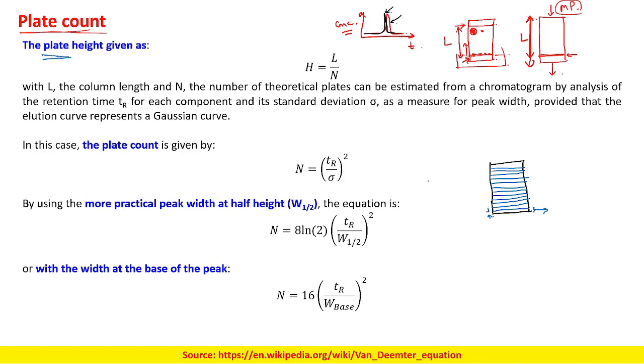The plate height is given by H equals L by N. What is L? As I have already told you, L is the length of your column, divided by N, the number of theoretical plates.